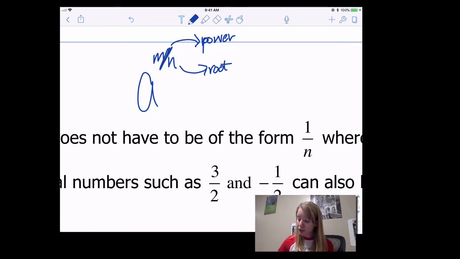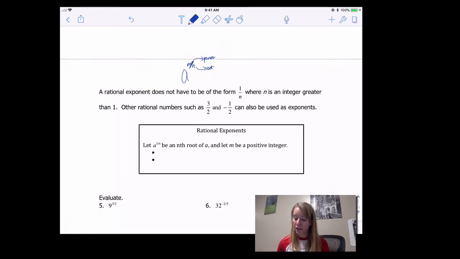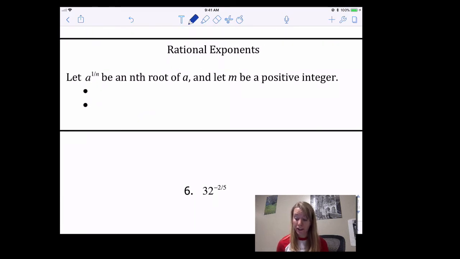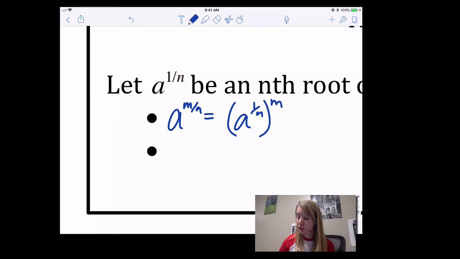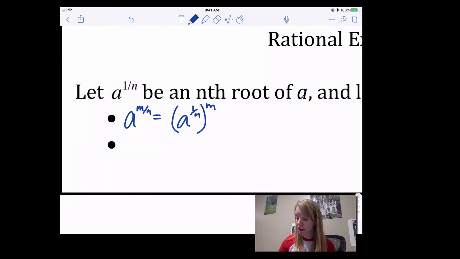So we can think about this in 2 ways. If I have a to the 1 over n, so that's the root, and then I have an m, that's going to be our power, I can say that a to the m over n is equal to a to the 1 over n, and then take the mth power, which can be written as the nth root of a, to the m. So I can take the root first and then take the power, or I can do it in the other order.